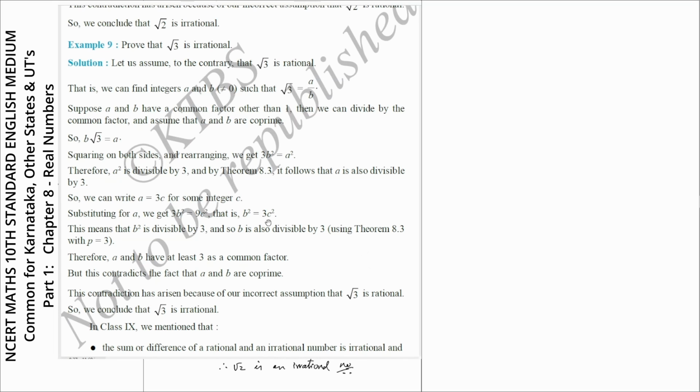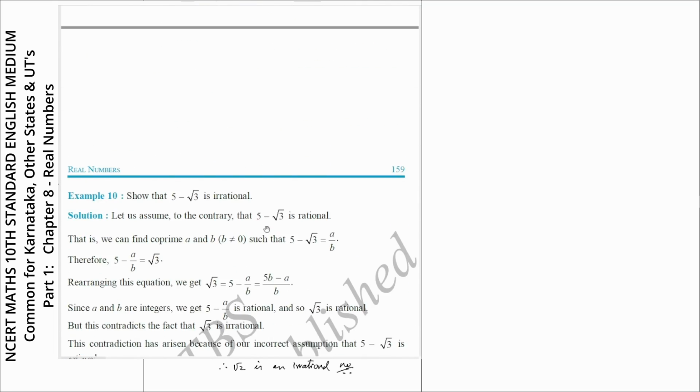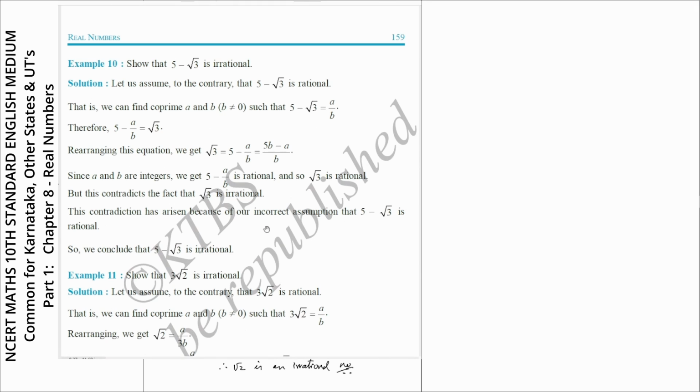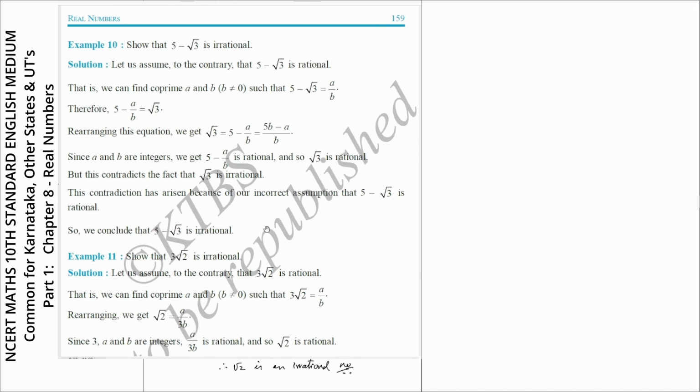So the next topic is example 10. Show that 5 minus root 3 is irrational. Example 10: show that 5 minus root 3 is irrational.